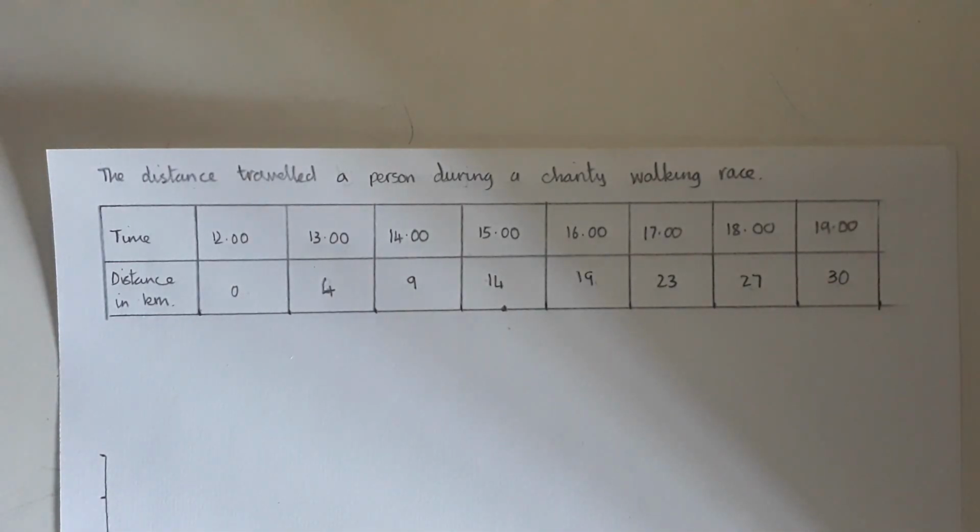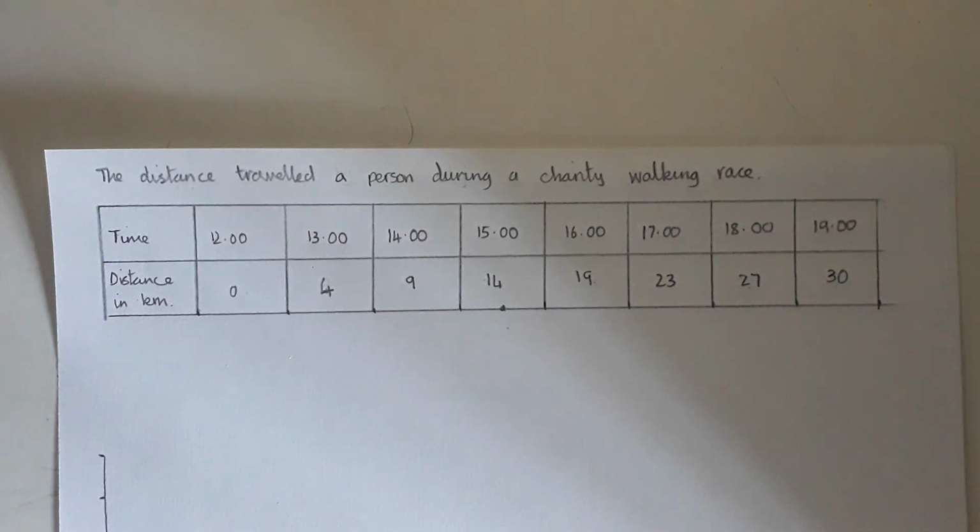Now the time is going to go along the x-axis, and the distance travelled is going to go on the y-axis. The x-axis is going to be easy for us to do, because we've got 1200 hours, 1300 hours, 1400 hours, just going up until we get to 1700 hours.